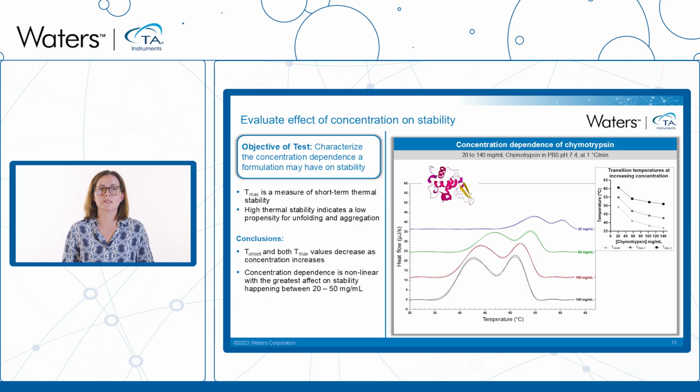So in this case, there's actually a decrease in stability as you increase the protein concentration in PBS, which is especially noticeable when you go from 20 to 60 mg per ml. This data again highlights the importance of evaluating the drug at its final concentration of interest, since testing in dilute samples might not reveal the actual thermal stability, as there might be a stability dependence with concentration.